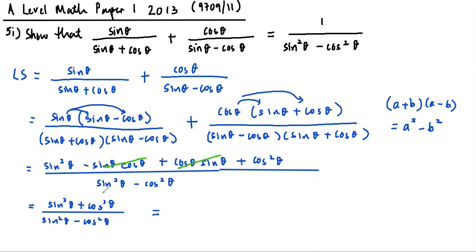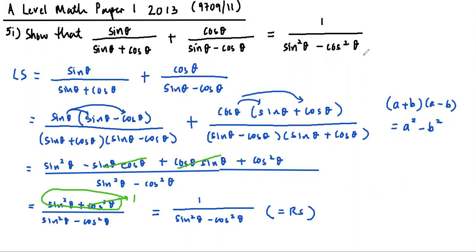The numerator, sine squared plus cosine squared, is actually 1 from the fundamental identity of trigonometry. So you have 1 over sine squared theta minus cosine squared theta, which is the right side of the equation that you are asked to prove. That is question 5, part 1.